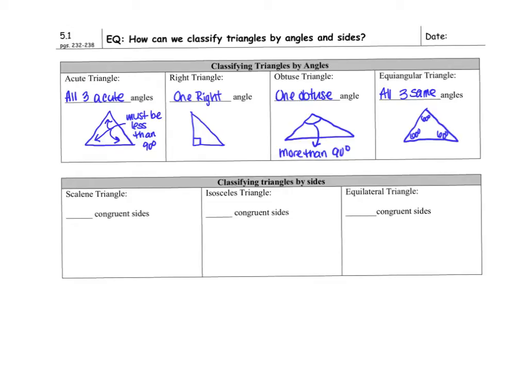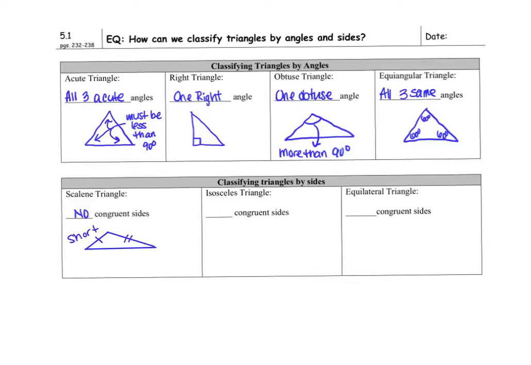Now let's classify triangles by their sides. The first one is a scalene triangle. Scalene triangles have no congruent sides. When we're labeling triangles, we use the little dash marks to represent the different sides. This side right here would be the short side.